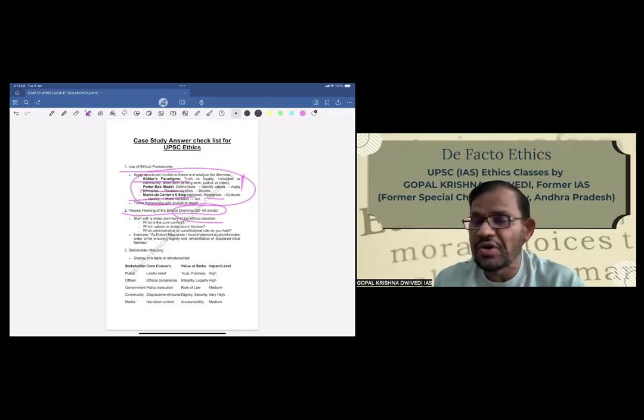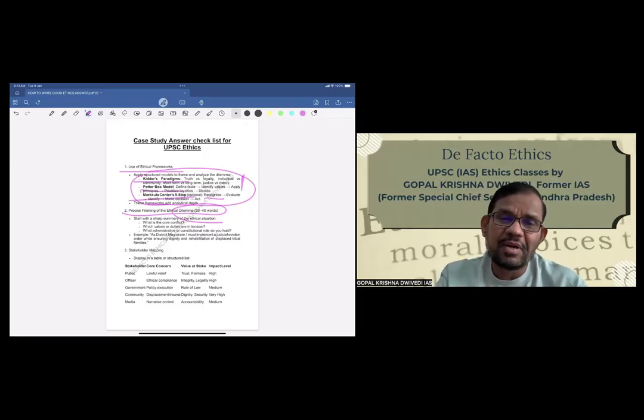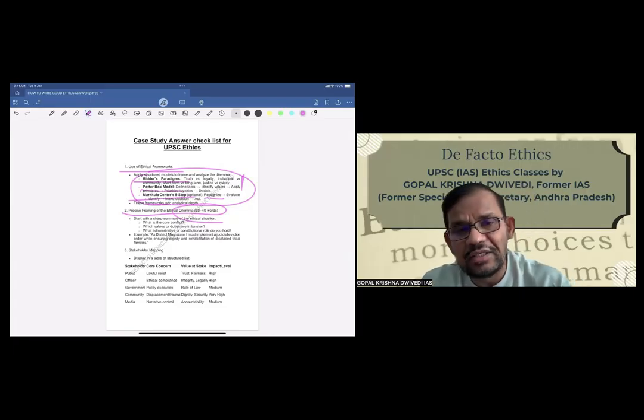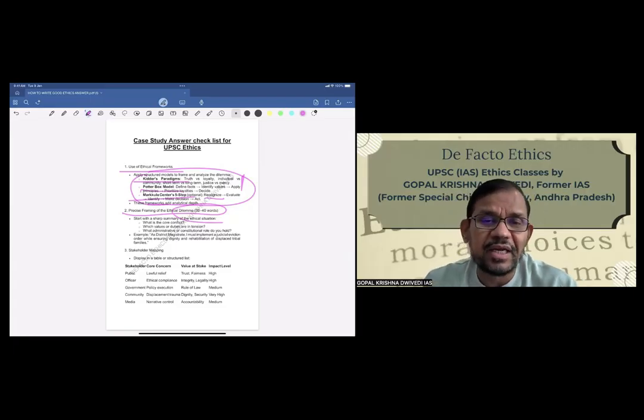The number of words may change also, because here I'm writing this just because if the whole thing has to be replied to in 250 words, then what? But if the ethical dilemma is specifically asked in one of the 3 questions, then accordingly you have to increase or decrease the number of words depending on the requirement. So start with a sharp summary of the ethical situation.